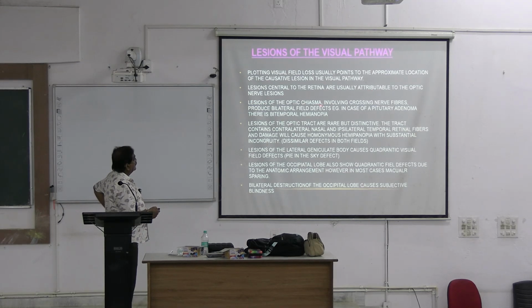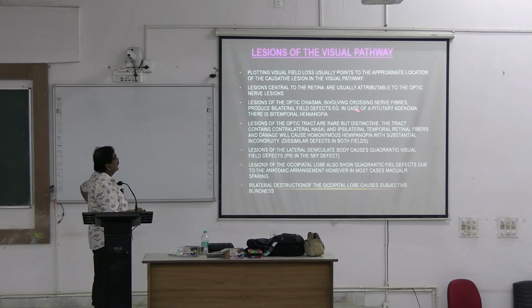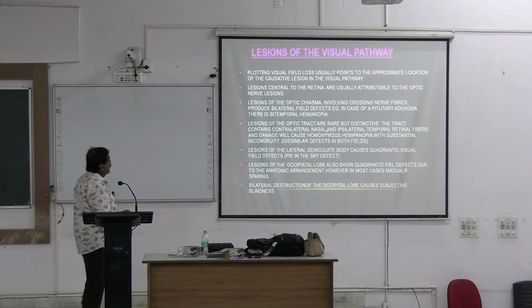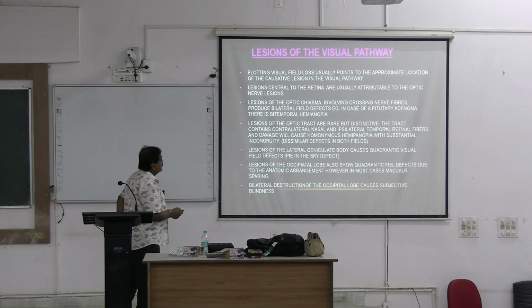Lesions of the optic chiasma, involving crossed nerve fibers, produce bilateral field defects. In the case of a pituitary adenoma, that is bitemporal hemianopia. Now, lesions of the optic tract are rare but distinctive.